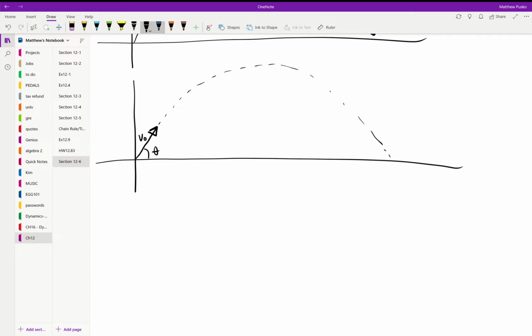So what's very important to note is, one, that this vector v0 that I just drew can be broken up into x components and y components, and we will have to do that. So it has some initial x velocity. As it moves through time and through space, it maintains that same x velocity.